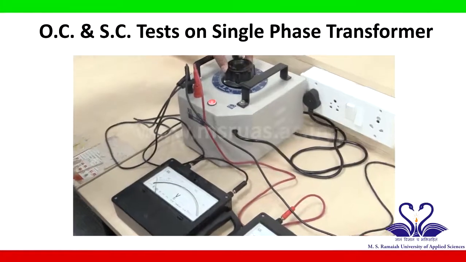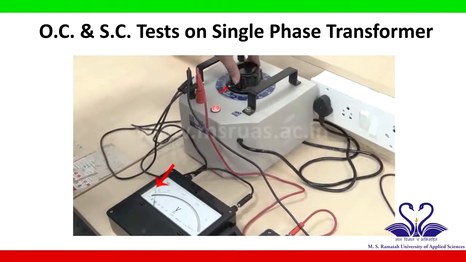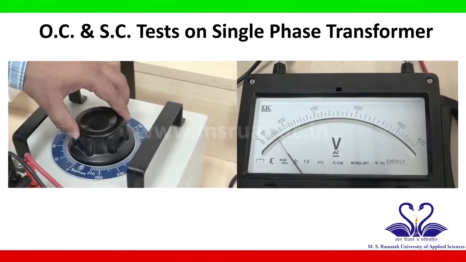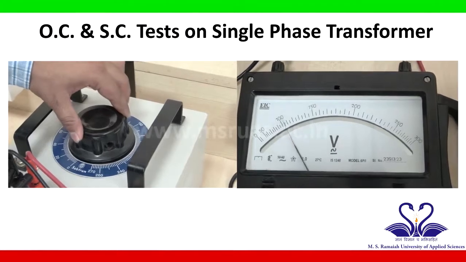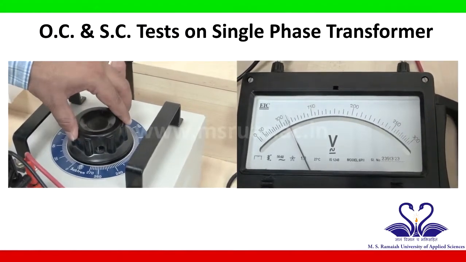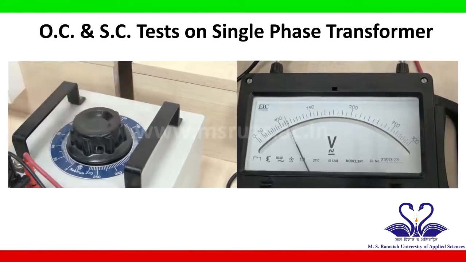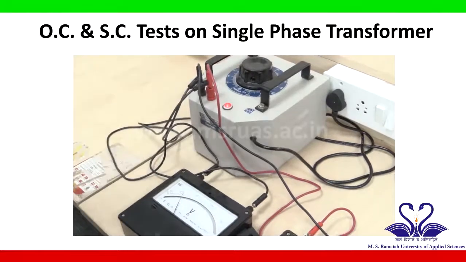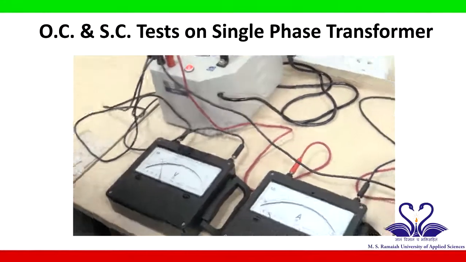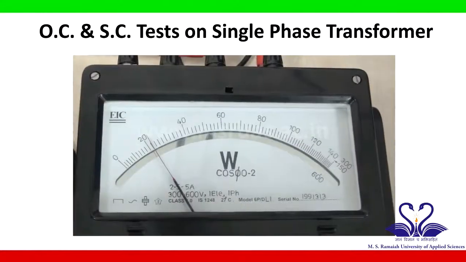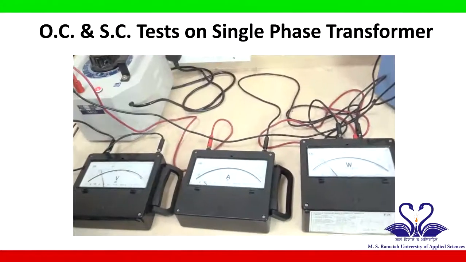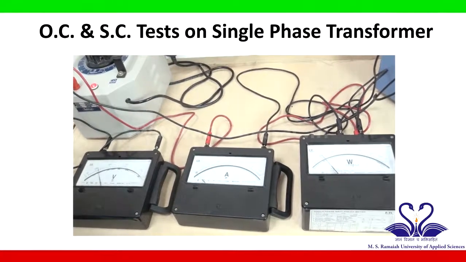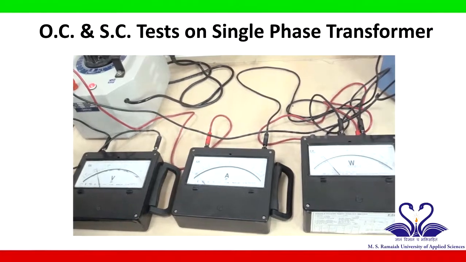Seeing the voltmeter, apply 115 volts. After applying 115 volts, note down the corresponding ammeter and wattmeter readings, which are the open circuit current and open circuit power. Open circuit power is nothing but iron losses.